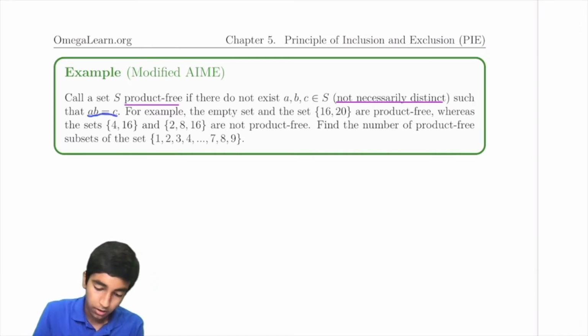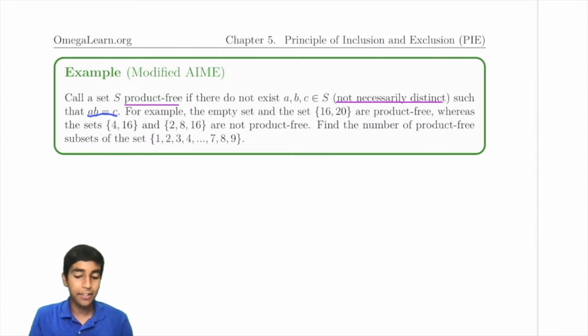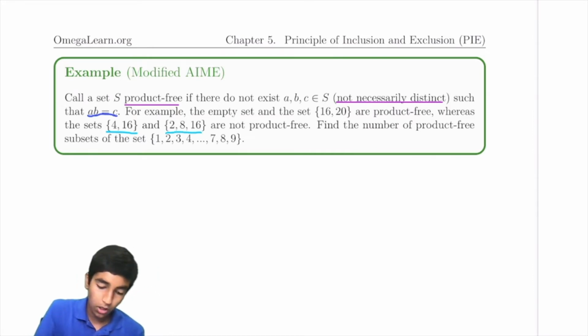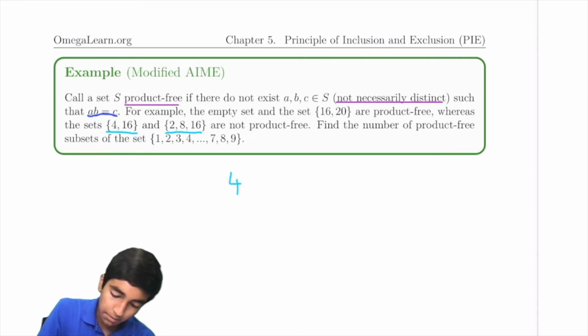For example, the empty set and the set {16, 20} are product-free, whereas the sets {4, 16} and {2, 8, 16} are not product-free. Why? Well, for this first set, we have 4 times 4 equals 16.